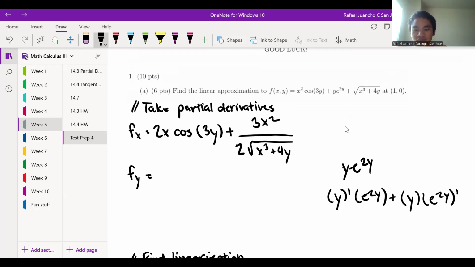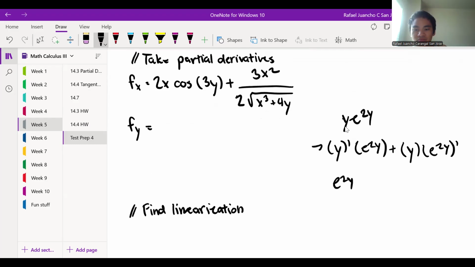I see this as e to the 2y. That's just 1. Plus y. This one is e to the 2y again. I take the derivative, so it's 2. Now I have plus 2y. And then from here, I have e to the 2y times 1 plus 2y. Okay, so I have that piece.